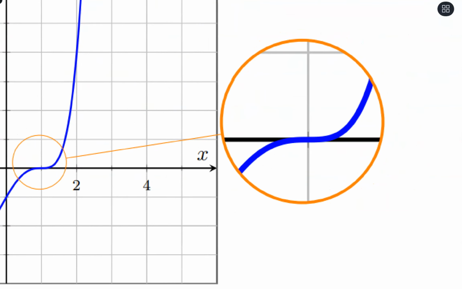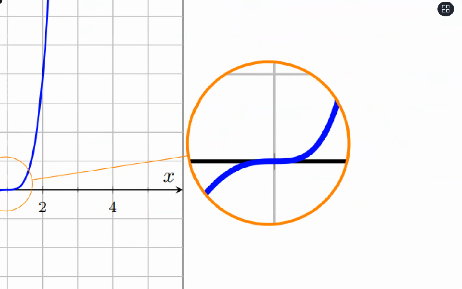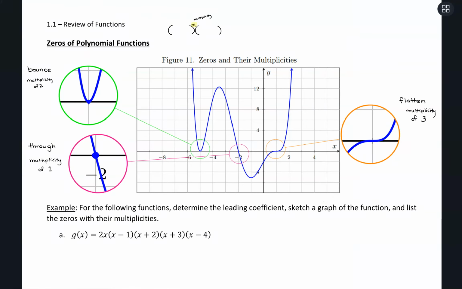Then this one that flattens is like having an x cubed. So this one is where we flatten through, and this is going to have a multiplicity of 3 to make something that looks cubic at that point. So that tells us the behavior at the zeros.